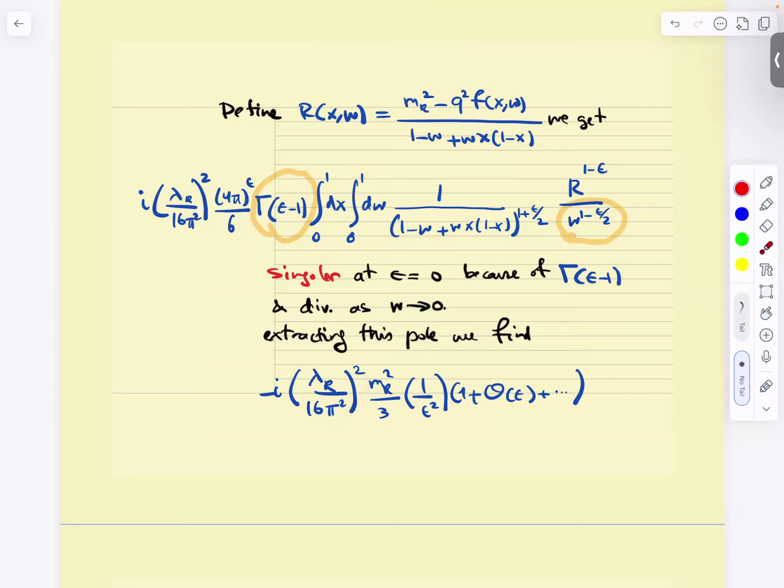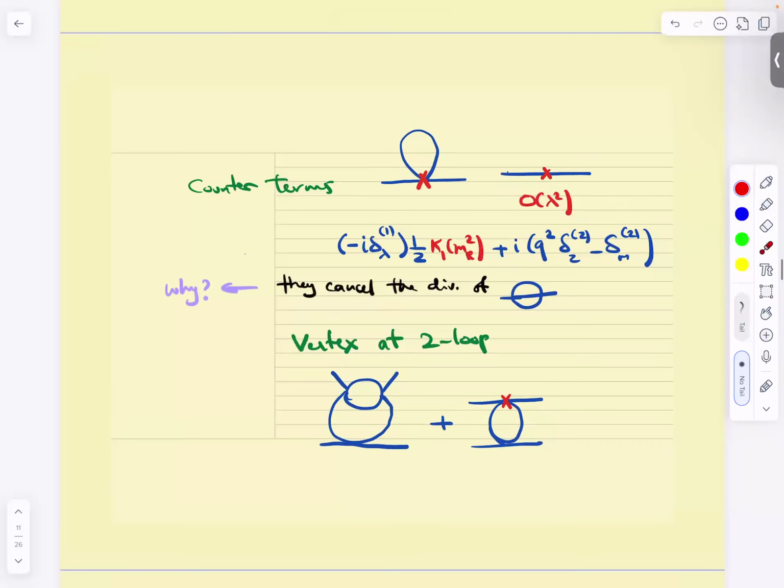And it's 1 over epsilon squared. What actually cancels that is, remember when we were doing this calculation? When I wrote this as delta 1 and m1, it was because it was 2 loop, right? And of course, because it's 1 loop, it has a lambda r squared.